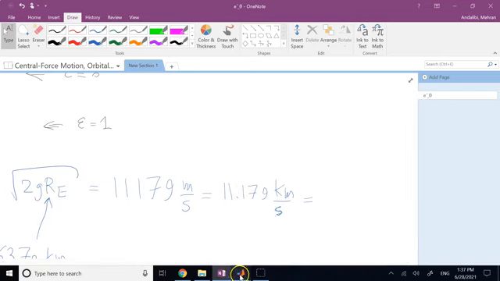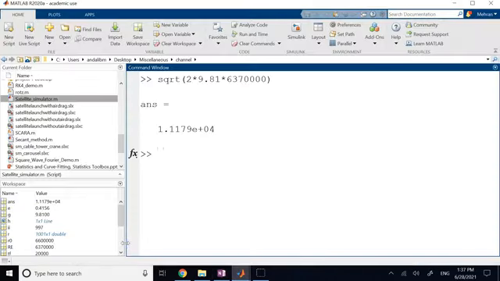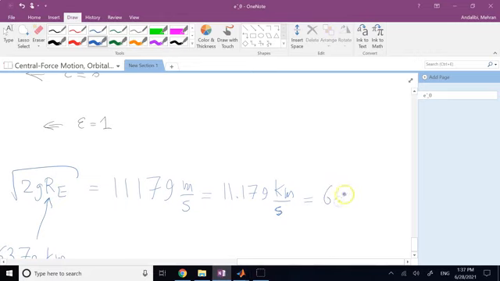And if you want, you can convert that to miles, and that's 6.948 miles per second.